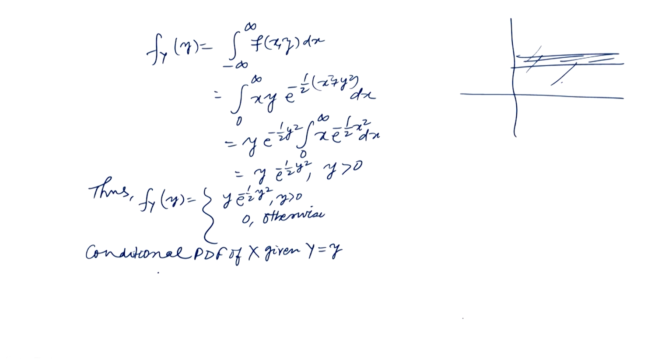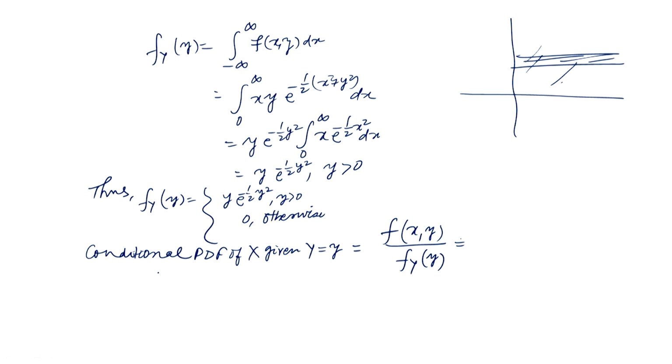So, the conditional probability of x given y equal to y is f(x,y) over f_Y(y).